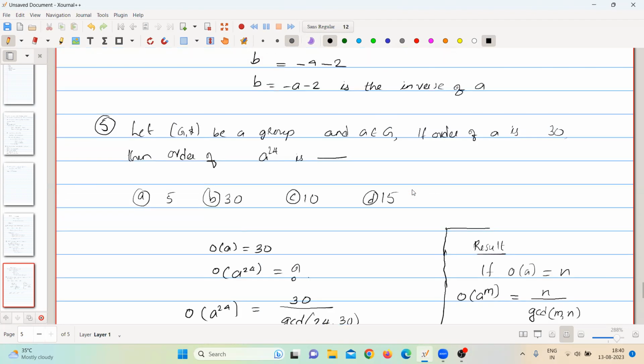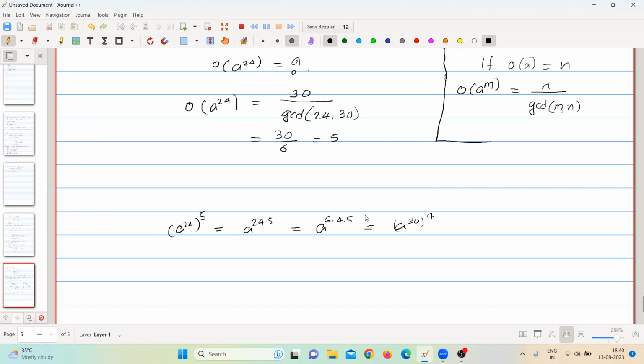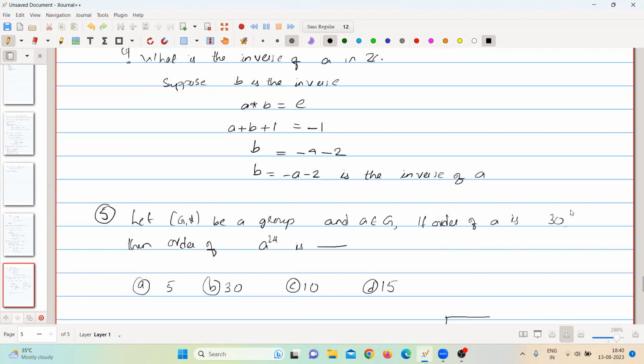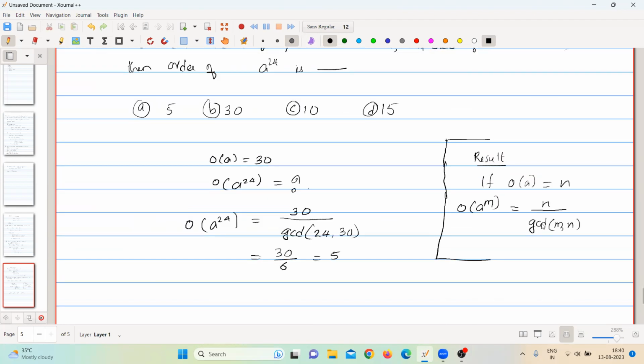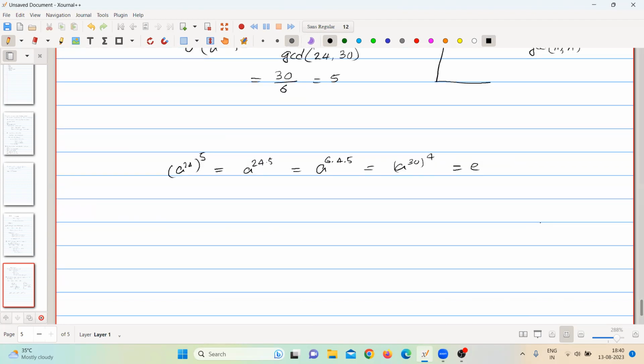It is given that a power 30 is the identity, because the order of A is 30. So this is e power 4, which equals identity.